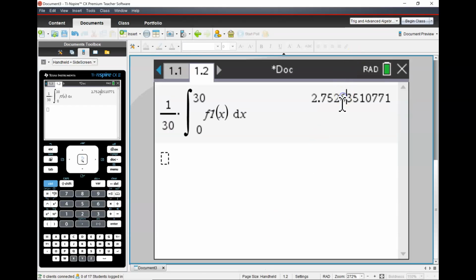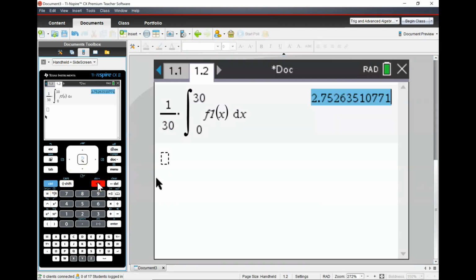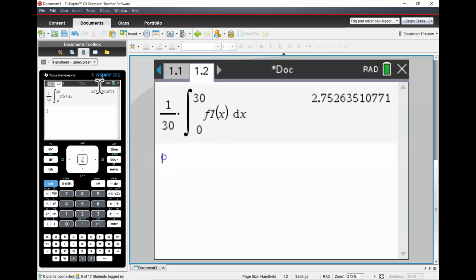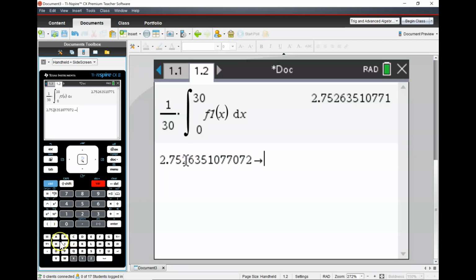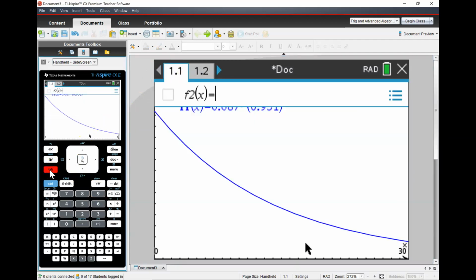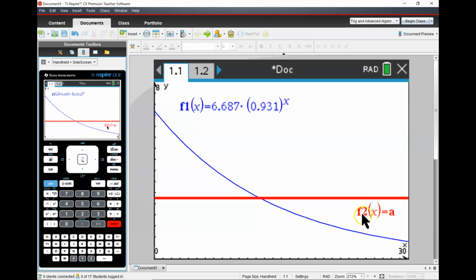One is you can take this and copy it, and you can store it as A. Then when you come here, you can go to tab and press A, enter, and that's that line. It's very efficient.